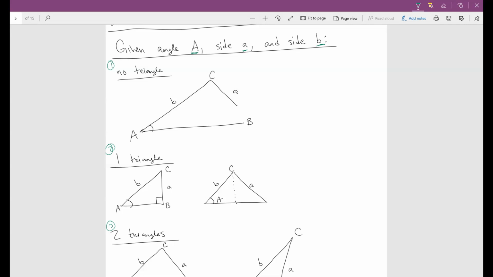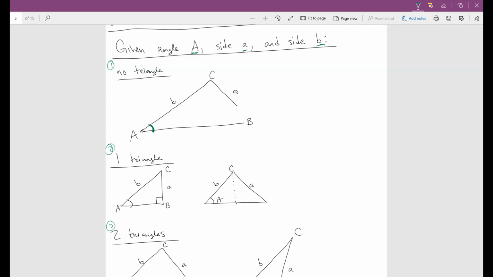In order for you to have no triangle, let's say the angle here was really small. If this is a really small angle, that means this side is going to be really, really short also. Sometimes this side is so short that it will not reach out to form a triangle.